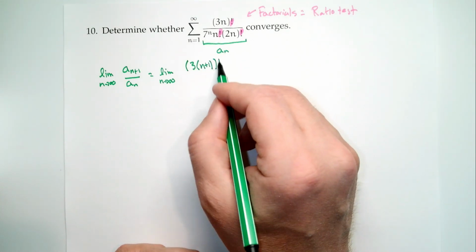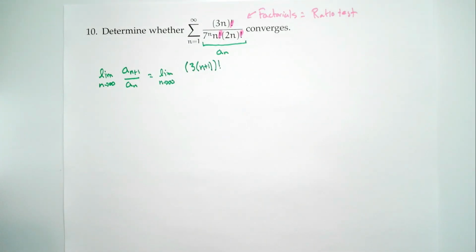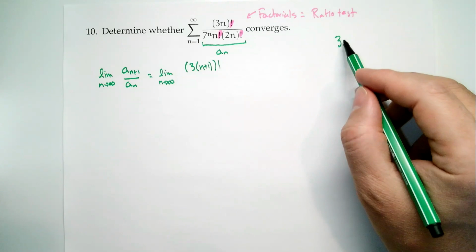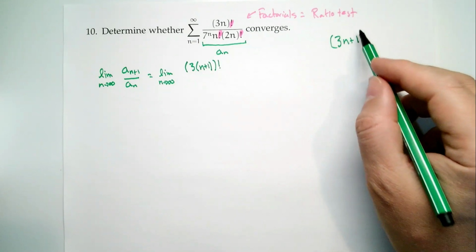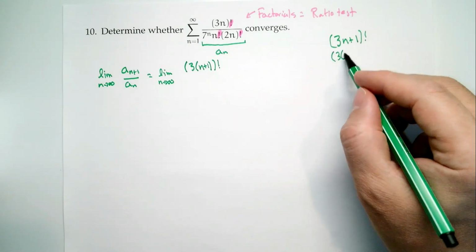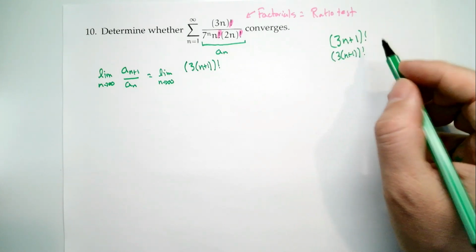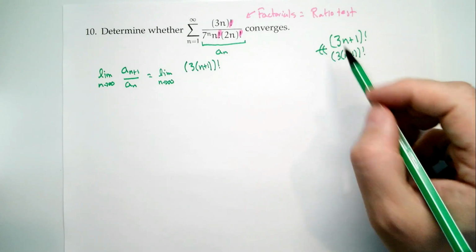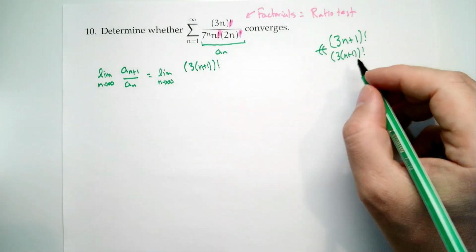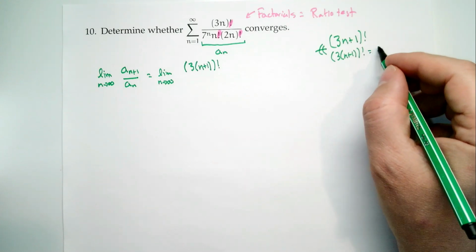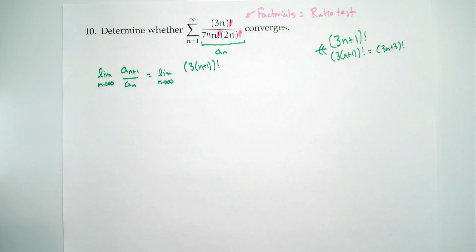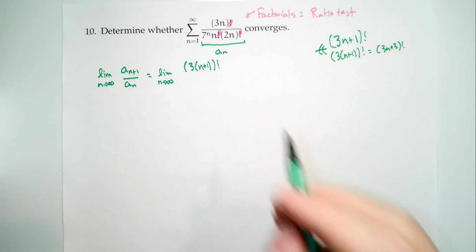And I'm going to do that because I want to make sure that I get the right term. See, if I just wrote 3n plus 1 factorial, that is not the same as writing 3 times (n plus 1) factorial. These are not the same. Why not? Well, this is really 3n plus 3 factorial. So that's why you want to make sure you're extra generous with your parentheses.